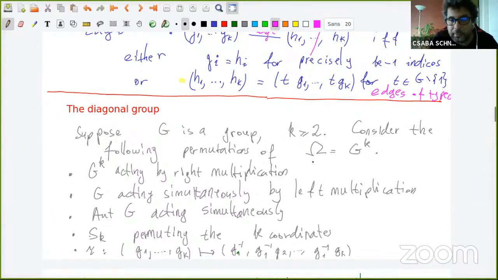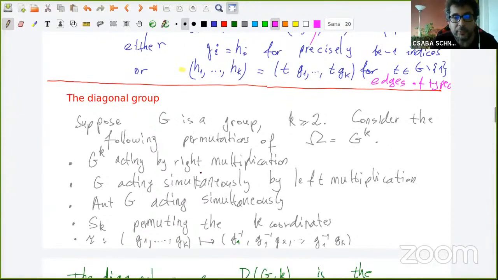Now, as I said, it's going to be a permutation group, so we need to say first on what set it's going to be acting. Its underlying set is going to be the set G to the k. Then we have to say what the group would be generated by. We will list a bunch of permutations, and this diagonal group is going to be generated by these permutations.